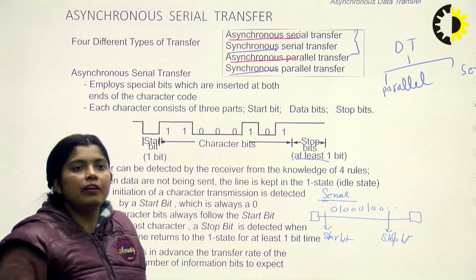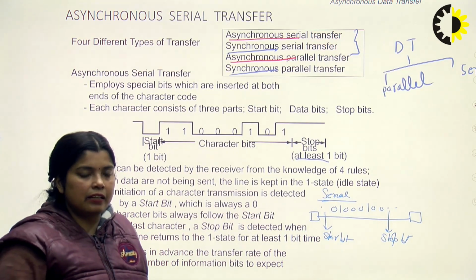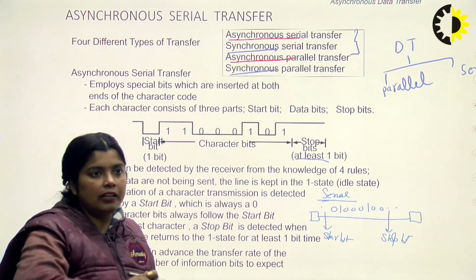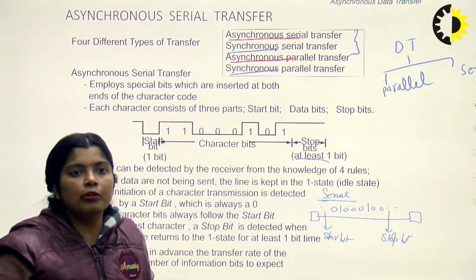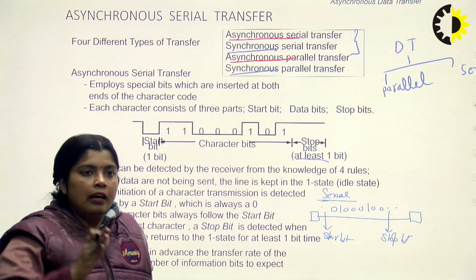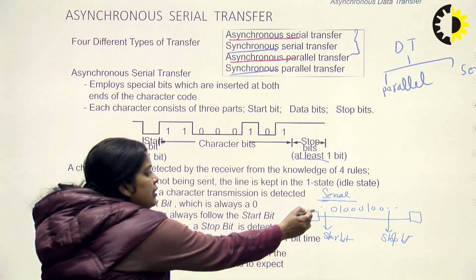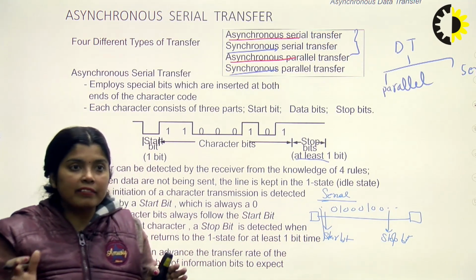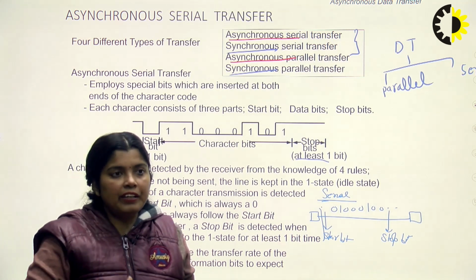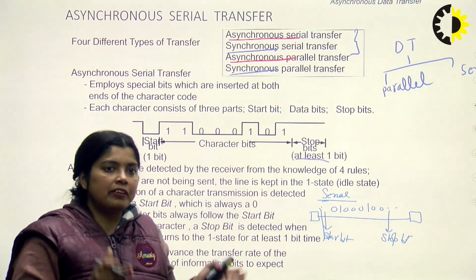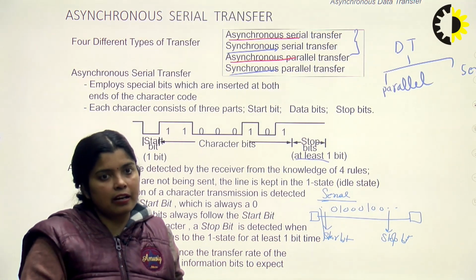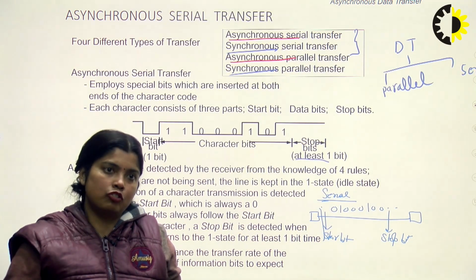Whenever in serial data transfer you are transferring data from one device to another device, all the bit stream is going on serially. For this, the message is to be bifurcated. Every time the message will be different. So for the message bifurcation, the first is the start bit and the last is the stop bit.